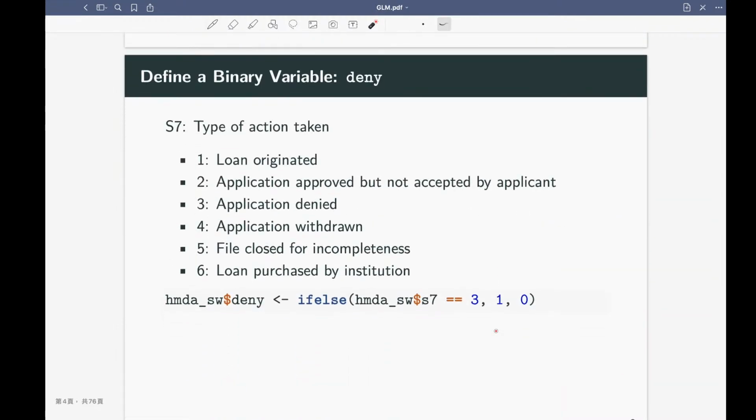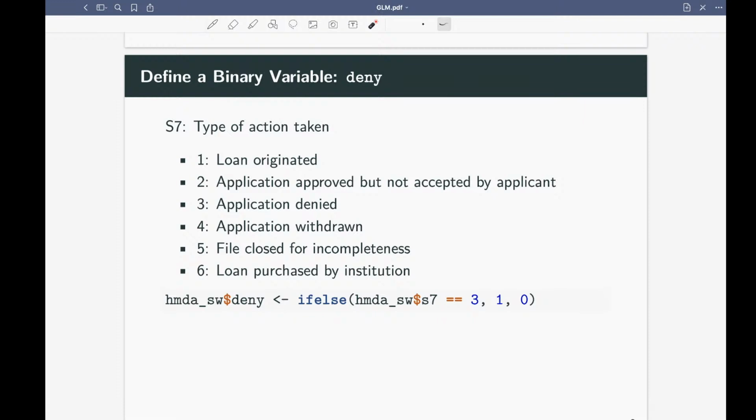At first we should define a binary variable. It's about deny. In the original dataset, this variable is from S7.